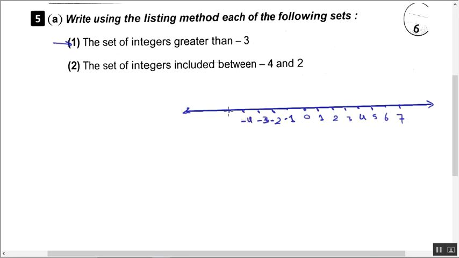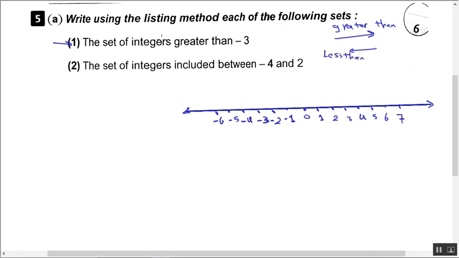Here -5, -6, and so on. The question says the set of integers greater than -3. Here moving to greater than, and moving here less than.